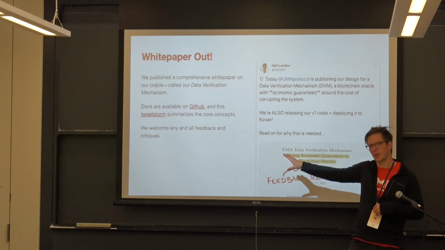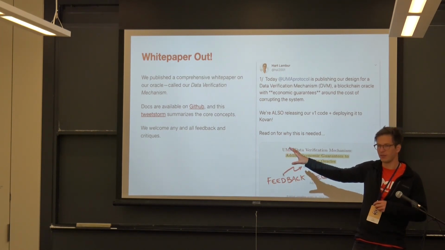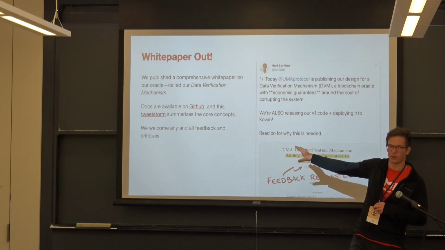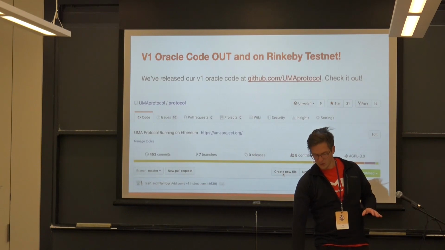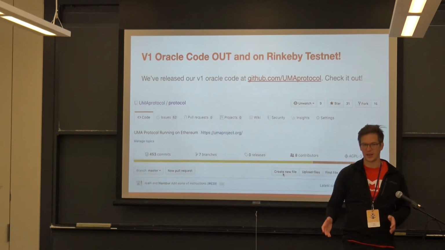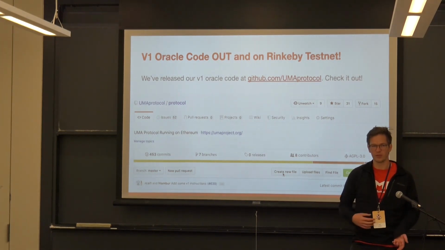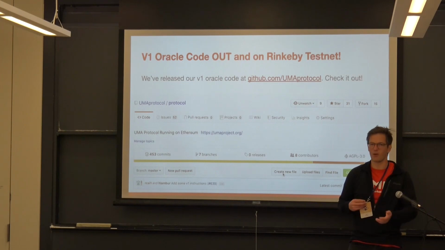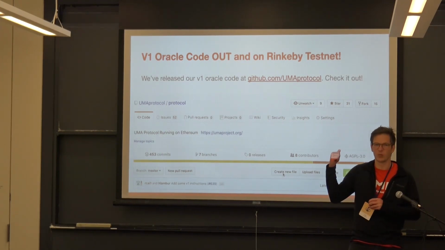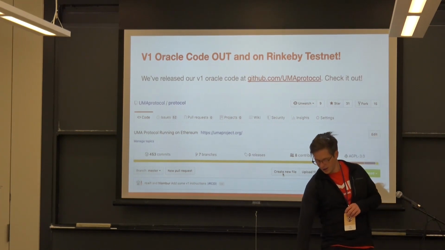We would love feedback on this white paper, on the mechanism, and critiques on this whole way of thinking about the world. We also have our code out, and it's on testnet. It's all up and live; we've actually built this thing. It is V1, so it doesn't have all of our feature set, but this is more than theoretical. Again, we'd love any feedback or critique.